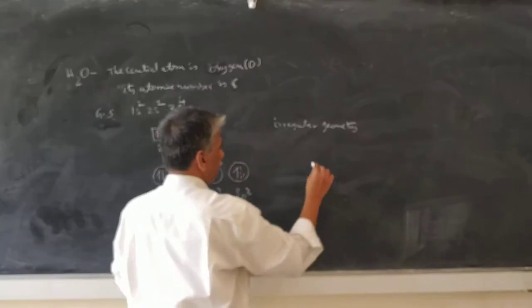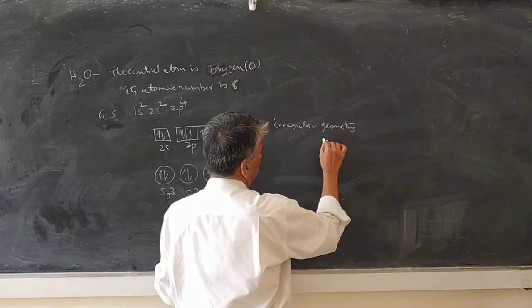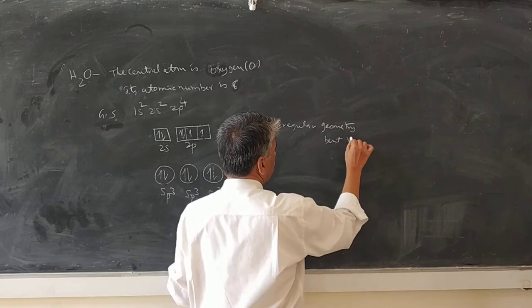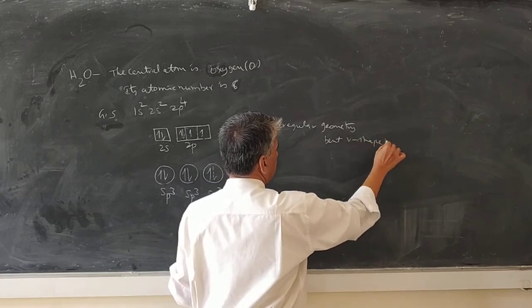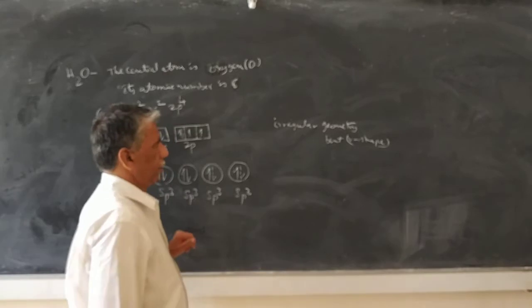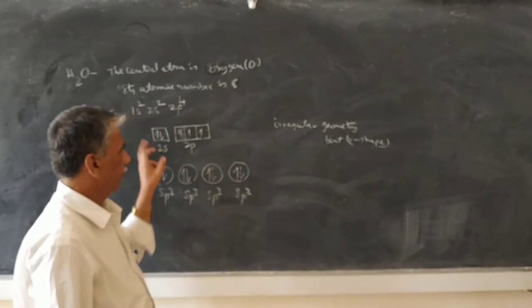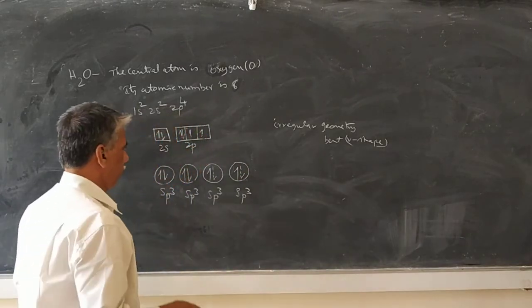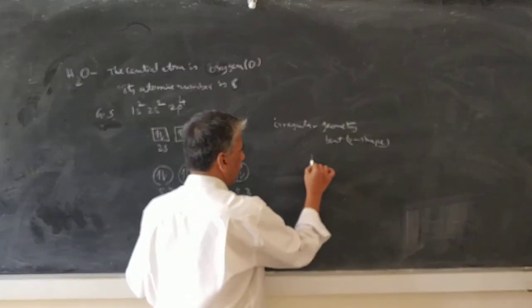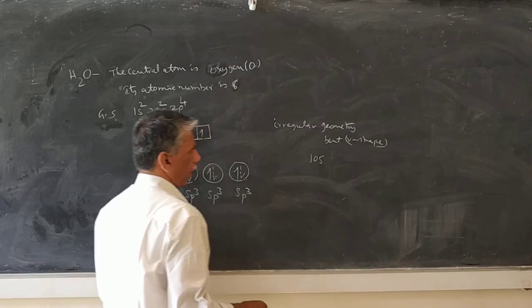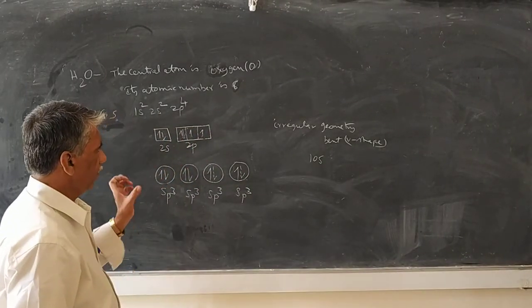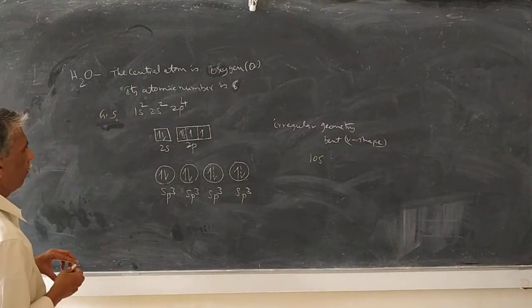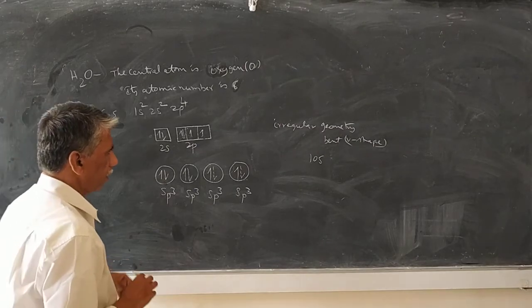In this case you have a bent structure or V-shaped structure. The water molecule has a bent or V-shaped structure, and its bond angle is 105 degrees.